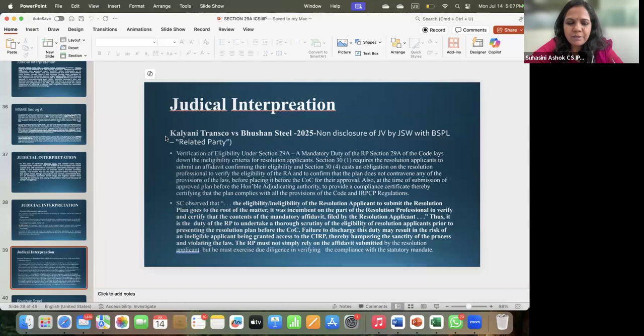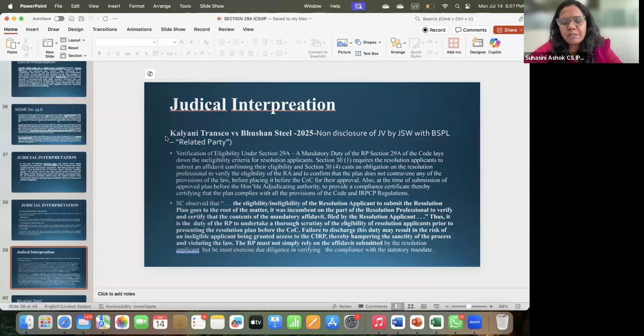On receipt of the EOI you do a primary diligence. Then again, after submission of the resolution plan, you have to ascertain whether he is eligible. If he is ineligible, you are not supposed to put the plan before the COC for voting and approval.